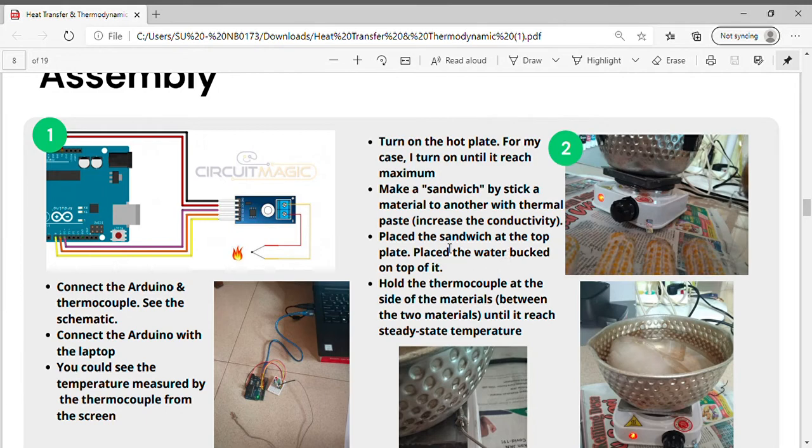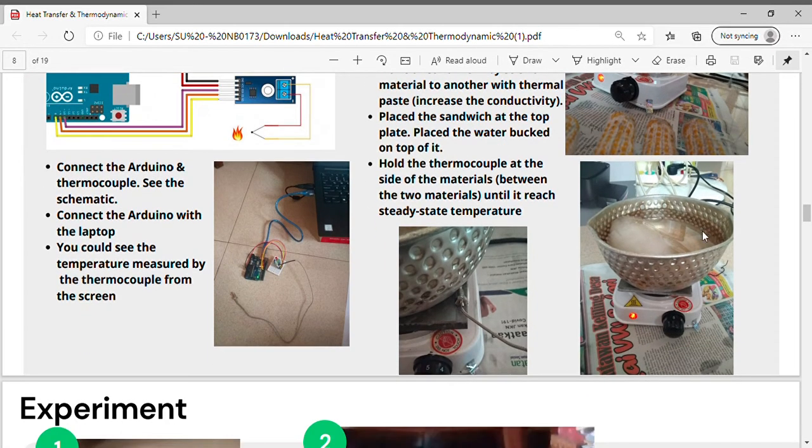And then you place the sandwich at the top of the hot plate and place the water bucket on top of it. At first, I used cold water, and then you could either use another cold water, but in my case I use only average temperature water, room temperature water.